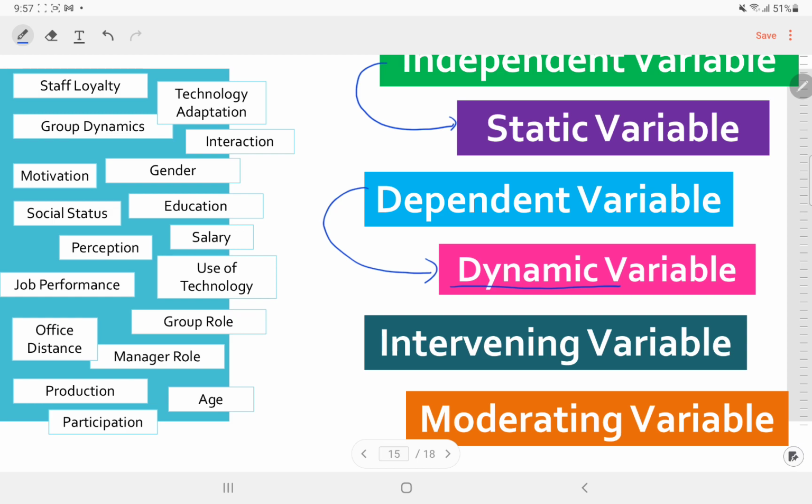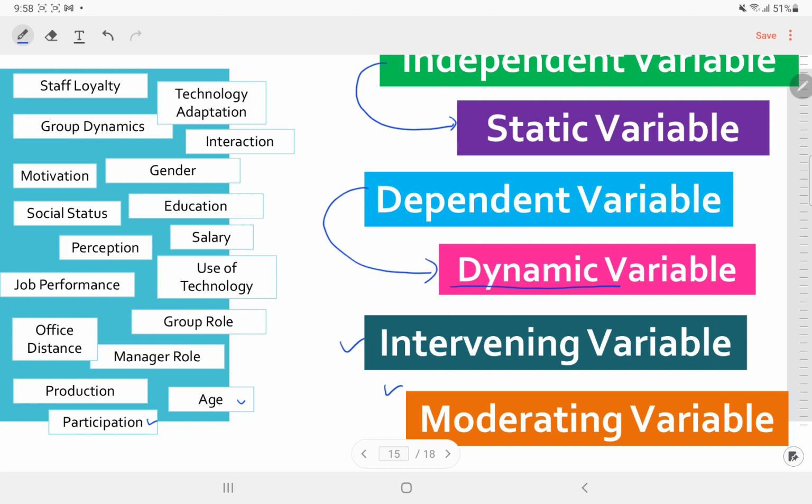But intervening variables are not the same as moderating variables. They have different concepts, and I'll tell you later on. Just take a look at the examples here: staff loyalty, technology adaptations, group dynamics, interactions, and so on, until you find age and participations at the end of the examples.